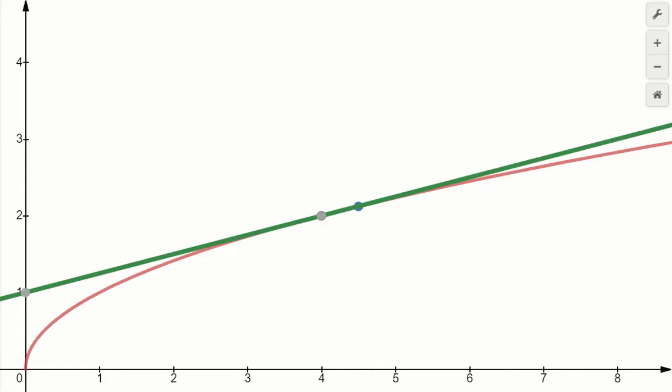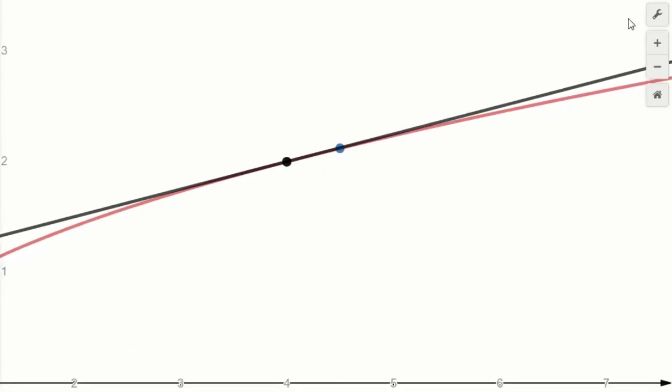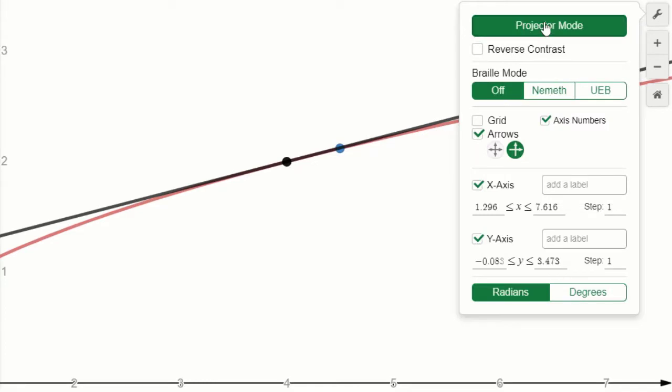tangent line. And let me also use a black color for the tangent line right here. You see, vertically as a y value, right? All right, so maybe let me put it in thinner weights here for you to see.